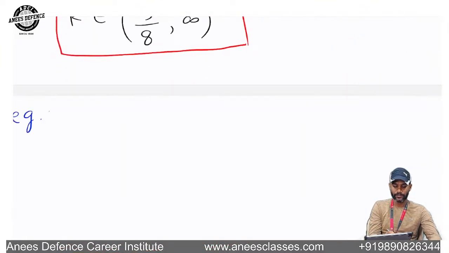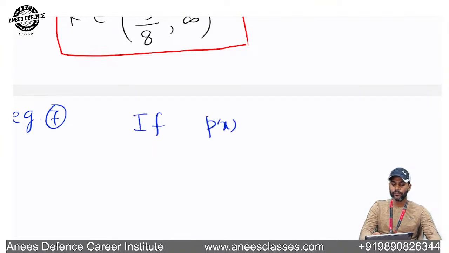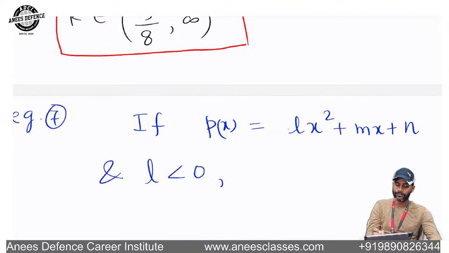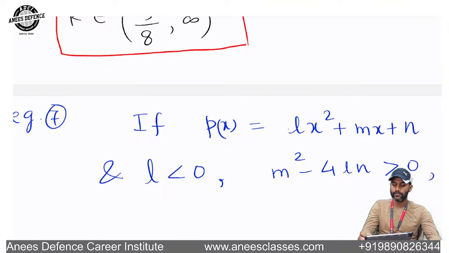Example number 7. If P of x is equal to Lx square plus mx plus n, and L is negative, and m square minus 4ln is greater than 0.